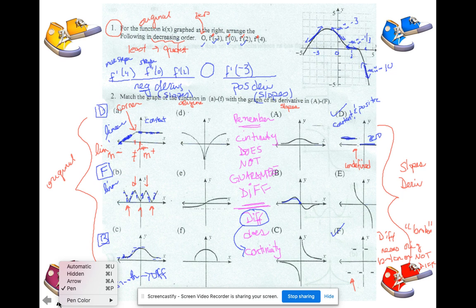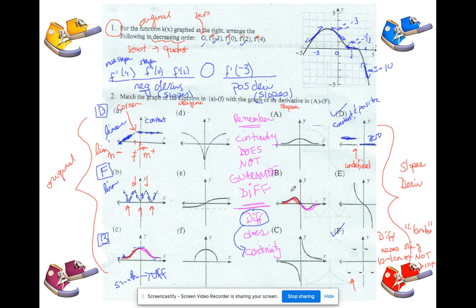Notice everywhere where I was just drawing tangent lines on the original, where that graph is increasing, its derivative is above the x-axis. Where the original is decreasing, the derivative is under the x-axis.